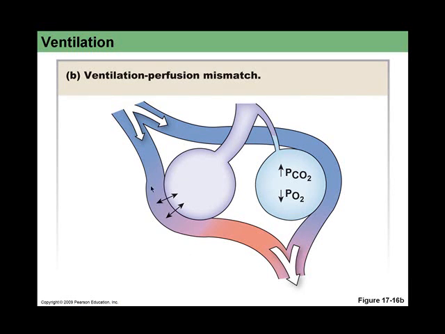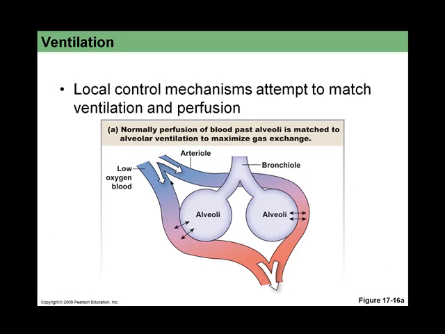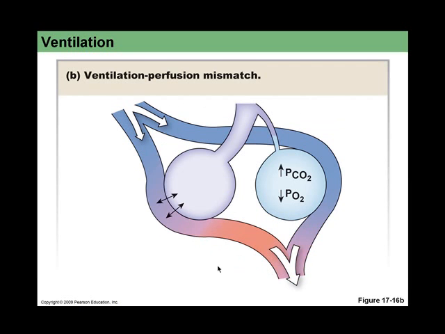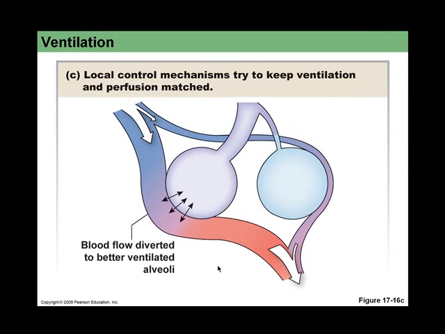So anything that creates the homeostatic imbalance in this ventilation perfusion control mechanism will cause a decreased oxygenation of the blood coming to the left heart. So the local control mechanisms try to keep the ventilation and the perfusion matched so that you don't get this case that we saw with the mismatch. You get proper oxygenation.